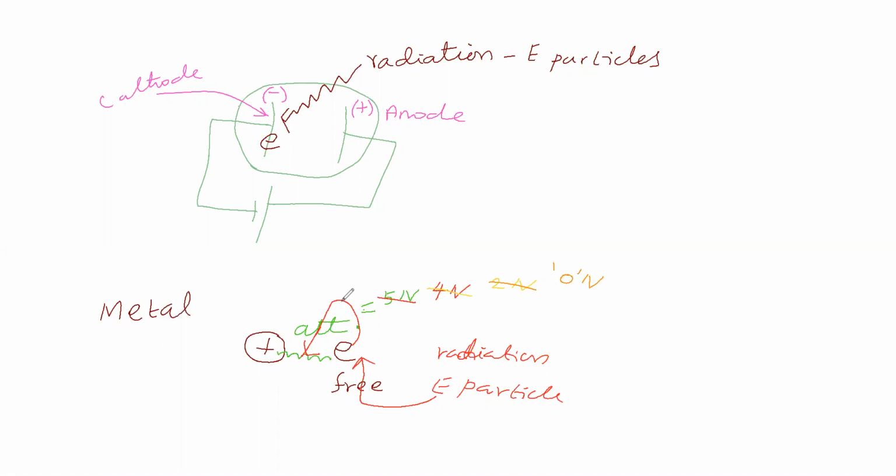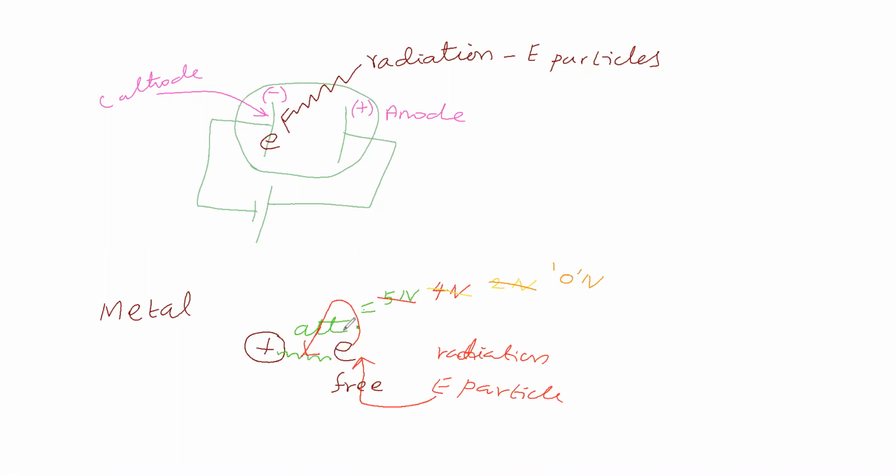Now see, when the attraction between nucleus and electron in the metal atom becomes 0 Newton, shall we say this electron is bound around the nucleus in the metal atom, or detached from the metal atom?